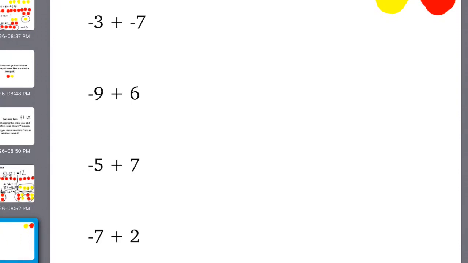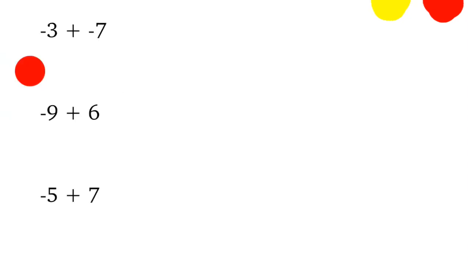Okay, so hopefully everybody has had a chance to try -3 plus -7. I'm going to put out 3 red counters. Then I have a -7, so I'm going to put out 7 negative counters.